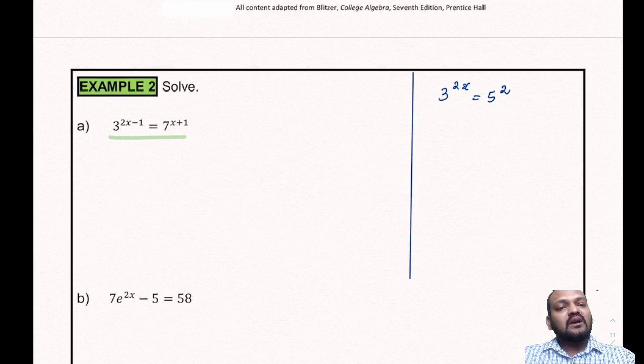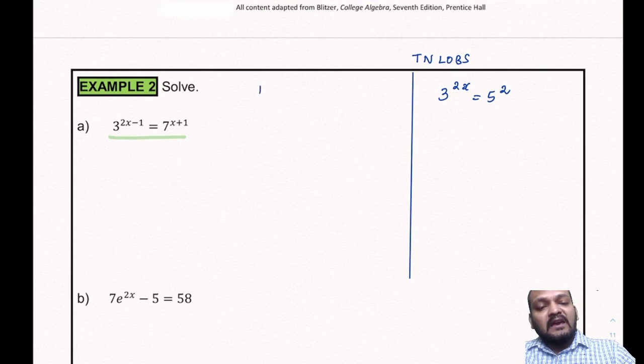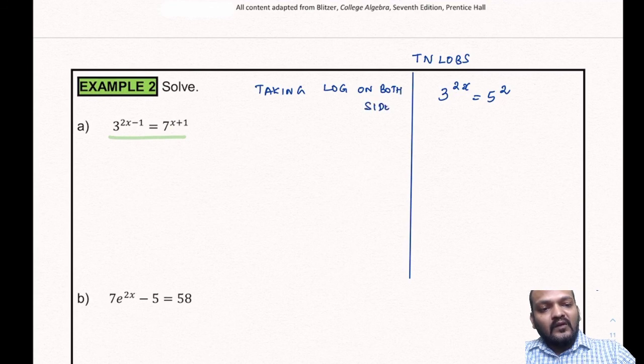In this case, remember this: Tennessee lobster. What do I mean by that? I'm going to say TNLOBS. So what is this TNLOBS? That basically means taking natural logarithm on both sides.